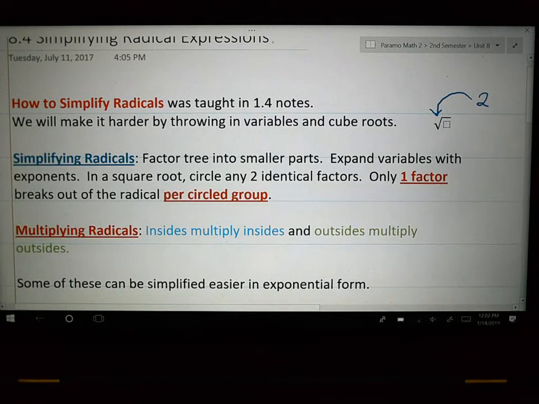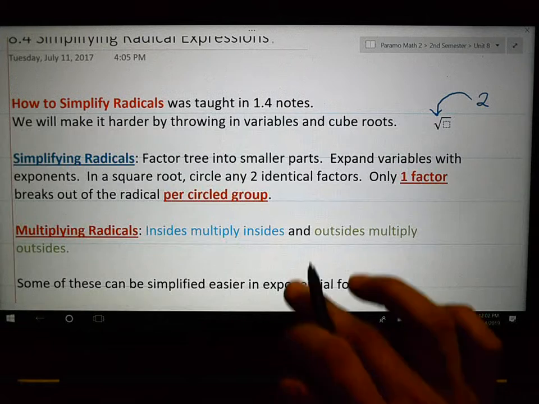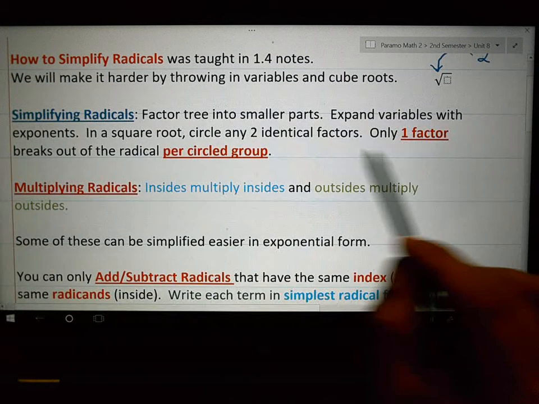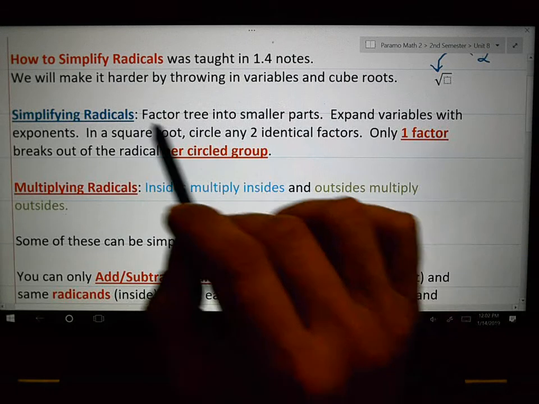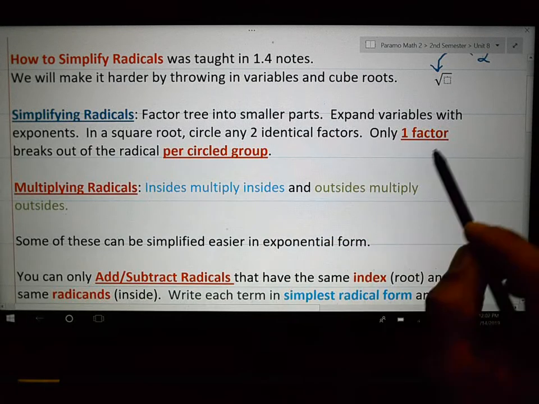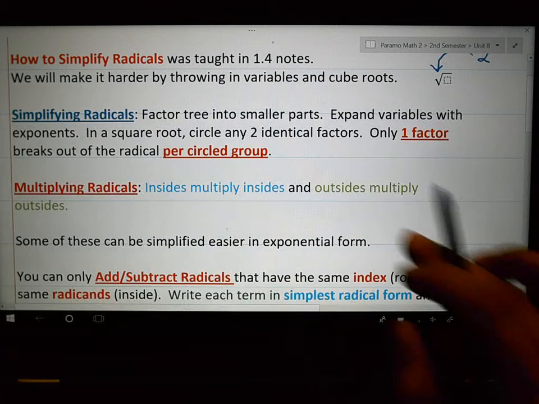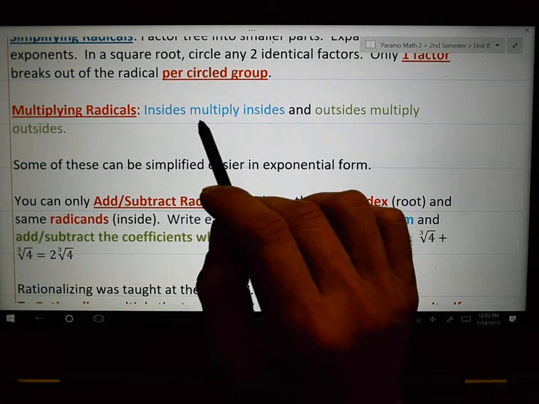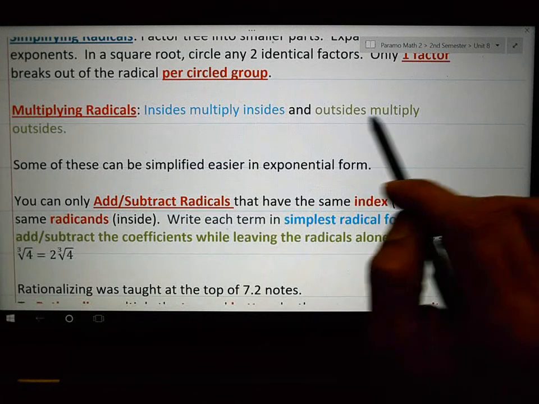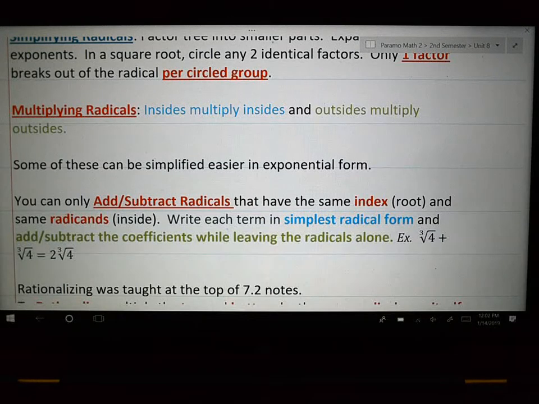I say that because sometimes we're going to be dealing with third roots and fourth roots in this worksheet. When we simplify radicals, don't forget, break things down and circle your groups about how many factors can break out, and only one factor breaks out per circled group. When we multiply them, insides multiply insides, outsides multiply outsides. Keep that in mind.